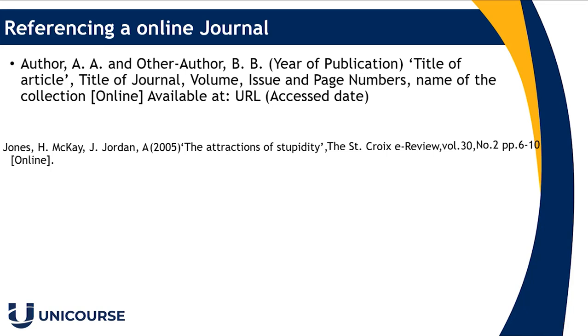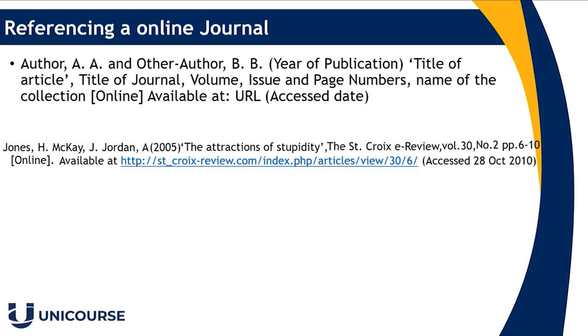And often there will also be a name of collection, but that might be the title of the journal, but there could be a collection of journals within one area as well. So bear that in mind. Your square brackets online, available at, and again, it is important to inform of the accessed date.